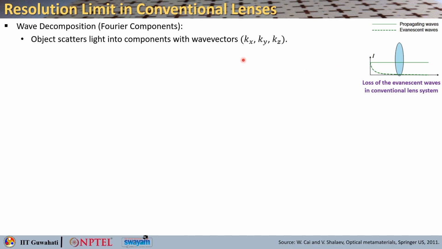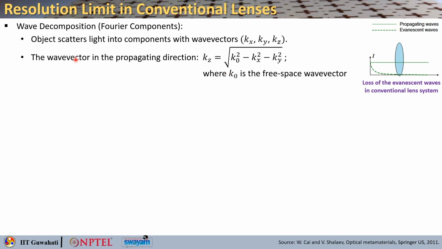We can consider any object that scatters light and has components of the wave vectors in all three directions. You can mark them as kx, ky and kz. Consider z as the propagation direction. So kz will be square root of k naught square minus kx square minus ky square, where k naught is the free space wave vector.